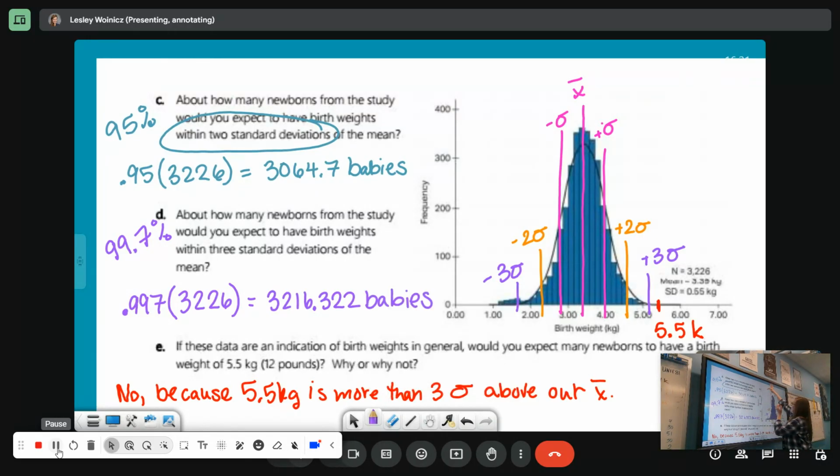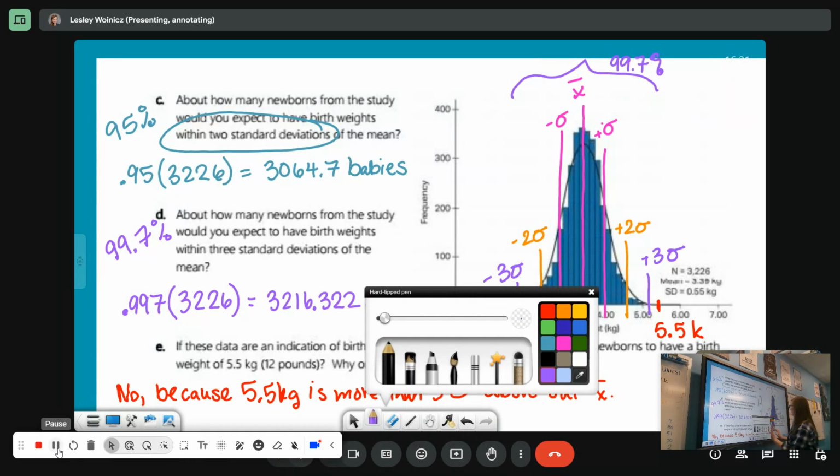So what we're saying is within 3 standard deviations, we would have 99.7%. Right? Outside is 0.3%. I keep doing it.